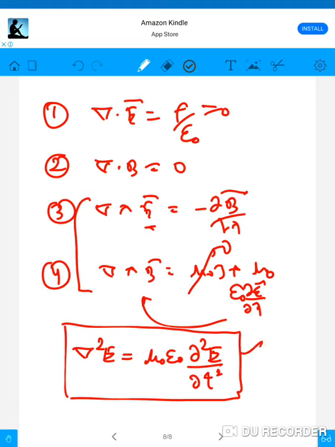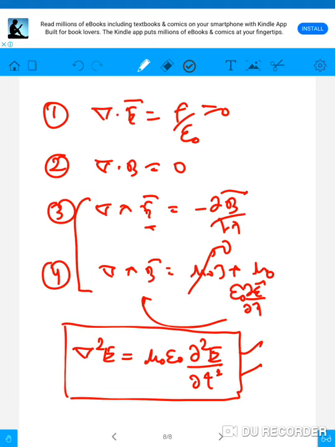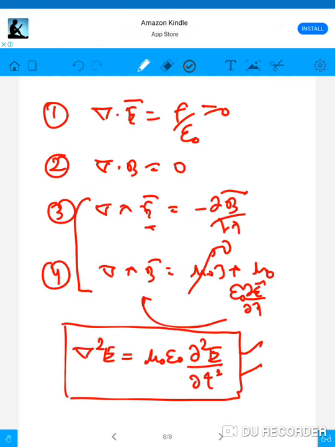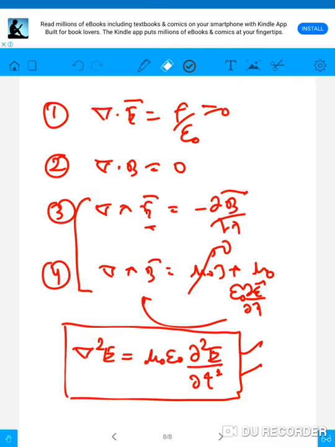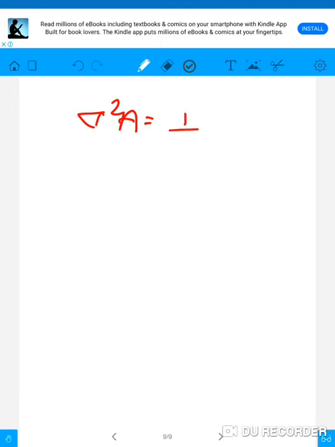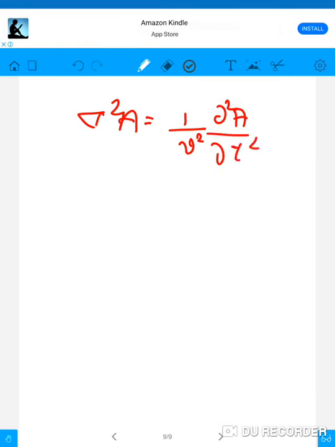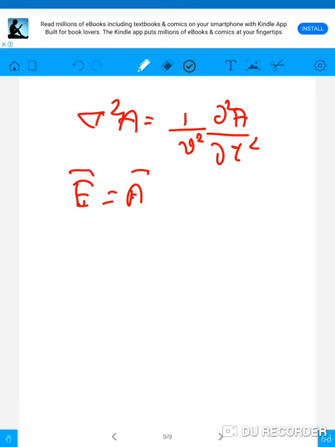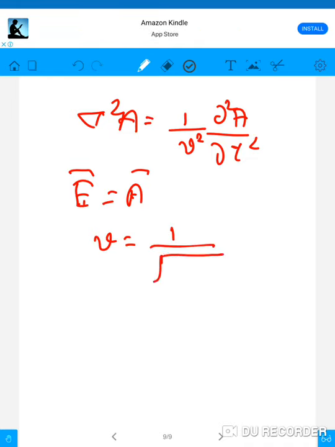This is a wave equation in which the electric field propagates with a certain velocity. The standard wave equation is one in which A is the wave function. When you compare both of the equations, E is the wave function here, and the velocity comes out to be 1 by root of mu naught epsilon naught.